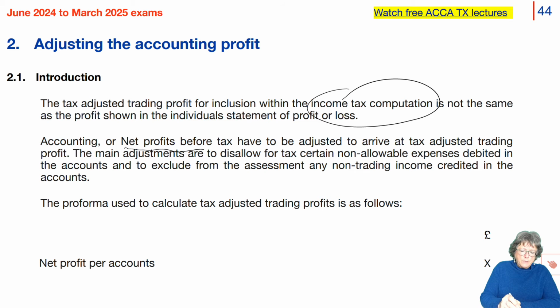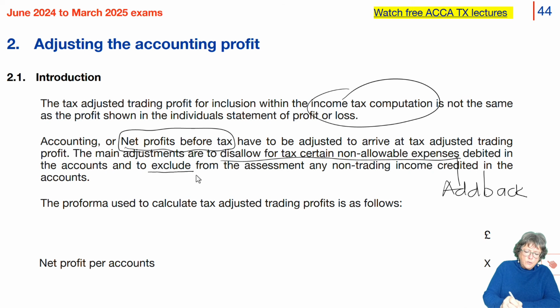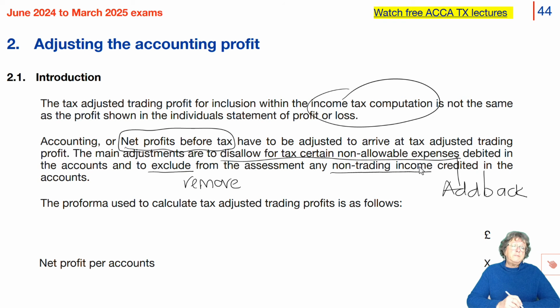The net profit per accounts from the accounts before tax is where we start. We're then going to disallow certain non-allowable expenses, and we're going to add those back. And then we're going to exclude or remove any non-trade income. As I said, rental income, bank interest, those things are taxable but not here.